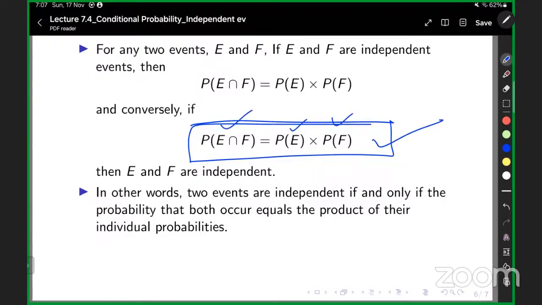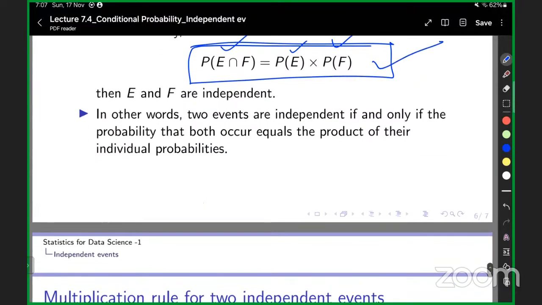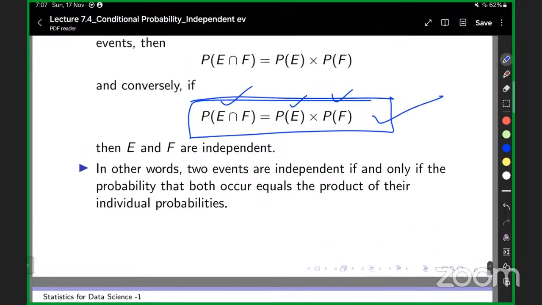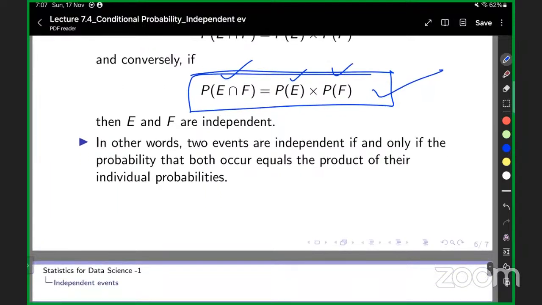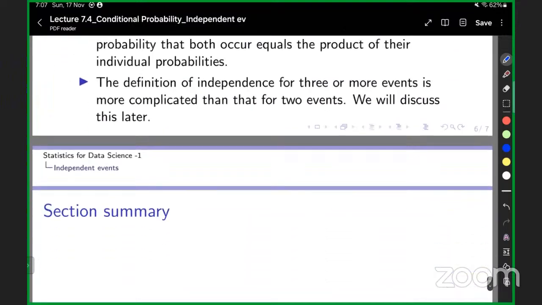When you need to check the independence, we don't have to check for the logic, because you'll not know when it's going wrong. But if you use this formula, then we are sure that they are independent events.